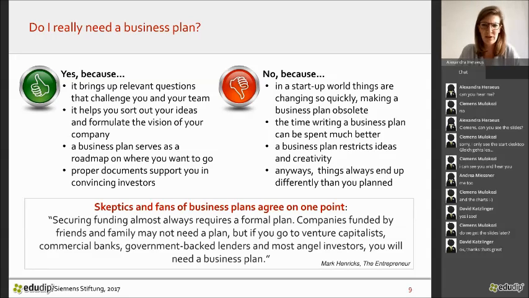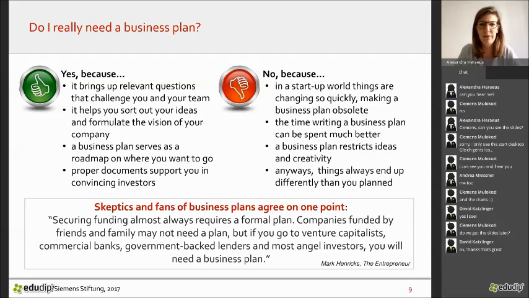It's also a valid argument that the time you spend on writing the business plan, which is usually a lot, between 2 weeks and 2 months or even longer, you can spend much better, because there are probably a lot of things you can do, and sitting and having everything done properly is time that you can use somewhere else.